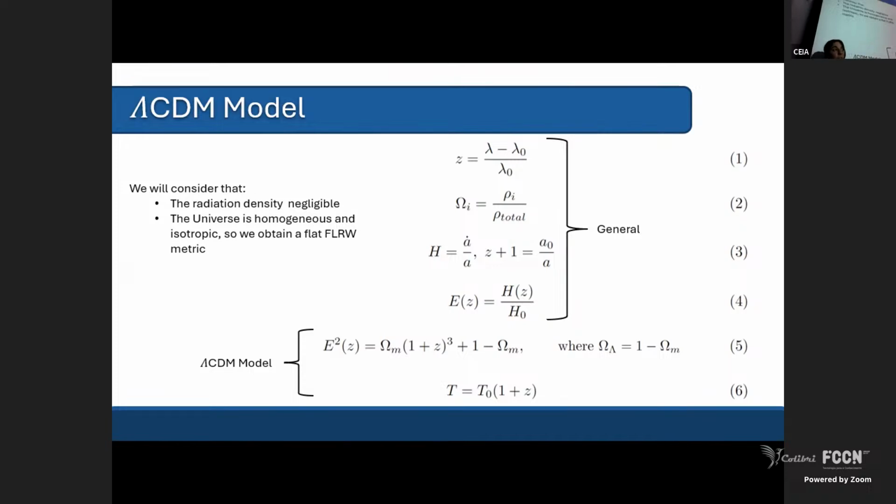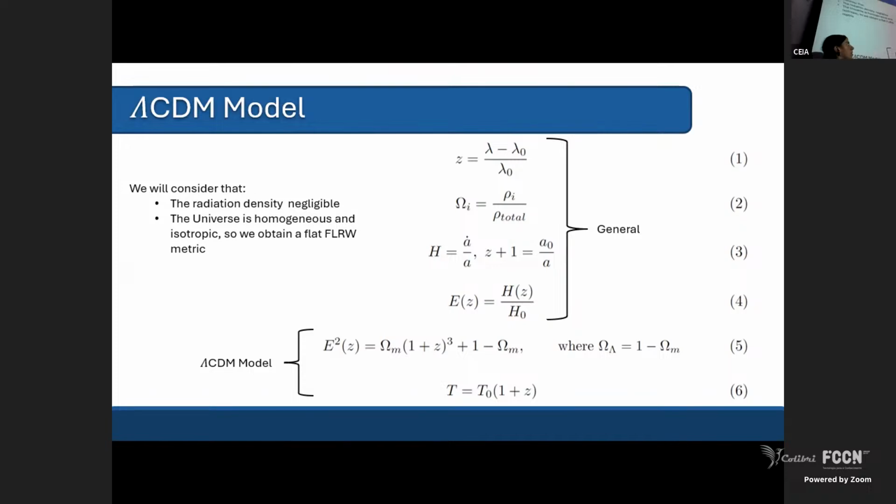But if the star is far away, an unusual thing happens. The light that comes to us is a bit redder than expected. So redshift is a measurement that defines the shift of the light emission that we receive compared to the one that it's supposed to be if you are close to the star.